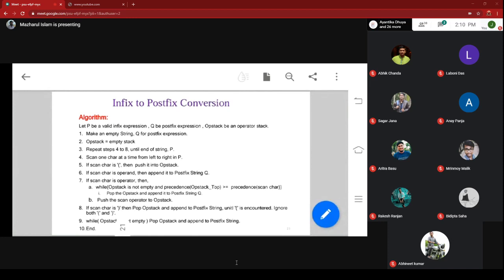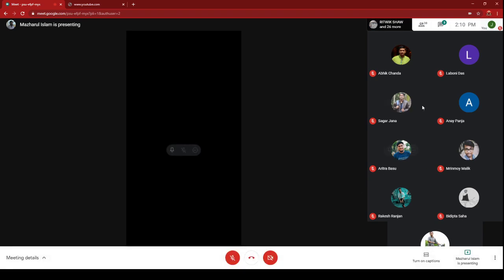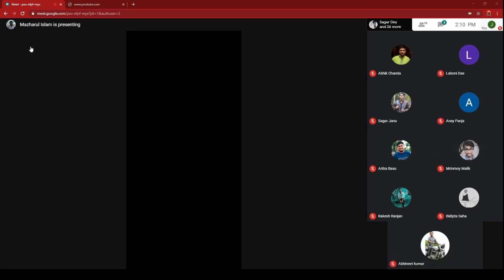After getting what is at the top of the operation stack and this operator, you have to compare the priority of these two operators. One operator you have scanned, keep it in your right hand. Another operator you pop from the operation stack, and compare the priority of it.